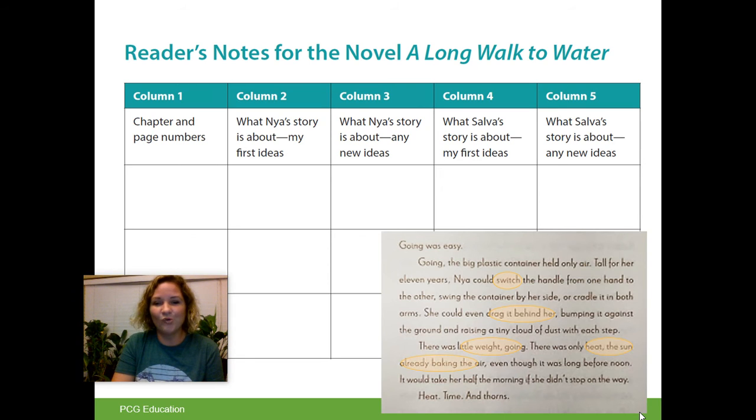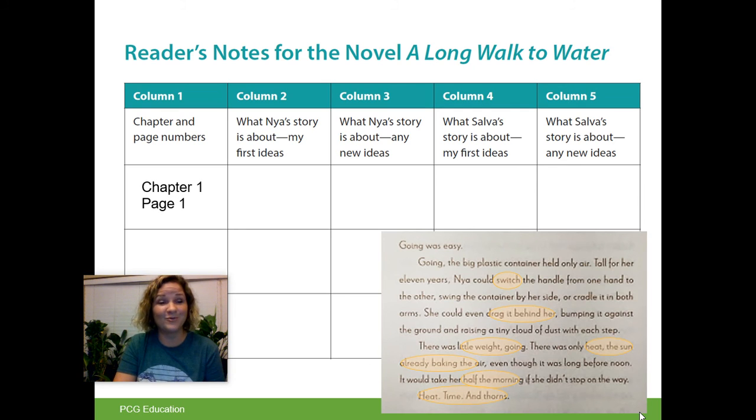Heat, sun already baking down on the air. So here we can say that the weather conditions aren't optimal either. It's not some cool fall day that she's going to go do this through. It takes half the morning. We're talking like 3 hours to get this done. Heat, time, and thorns. So that just kind of sets up the stage that this trek is not easy.